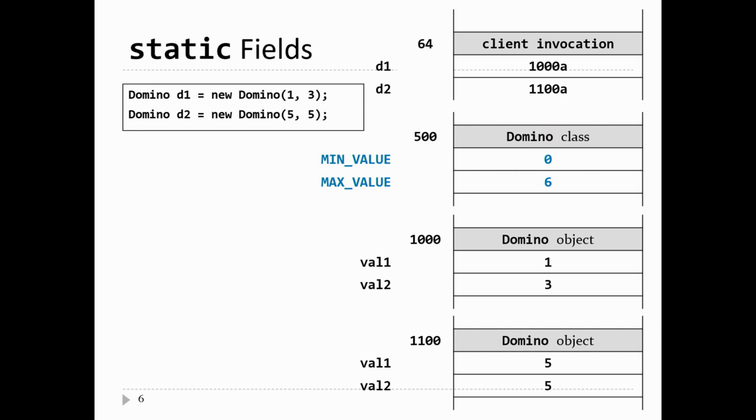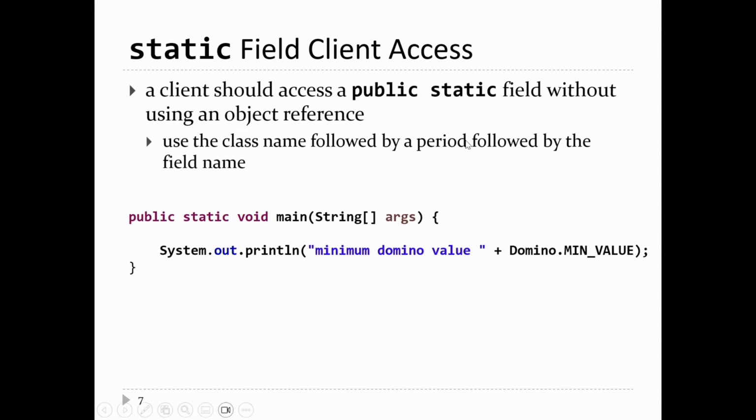Inside the domino class is where the fields min value and max value live. Min value is 0, max value is 6. Notice that the two domino objects don't have a copy of min value or max value. These are static, they belong to the class. These are non-static, they belong to the individual objects.